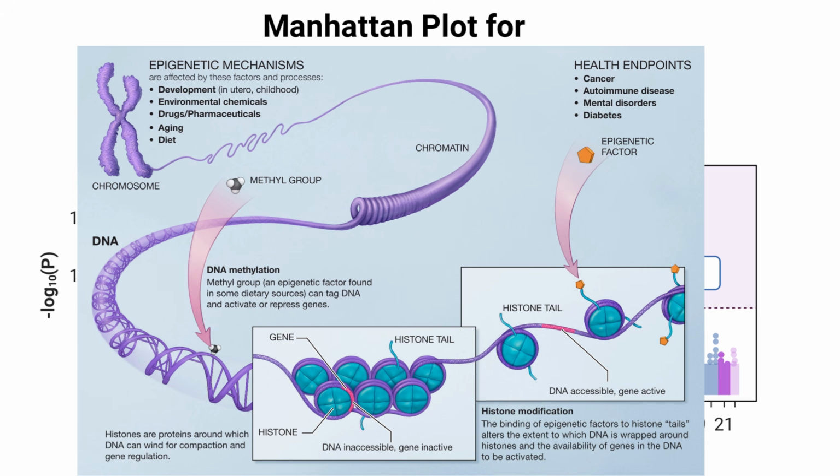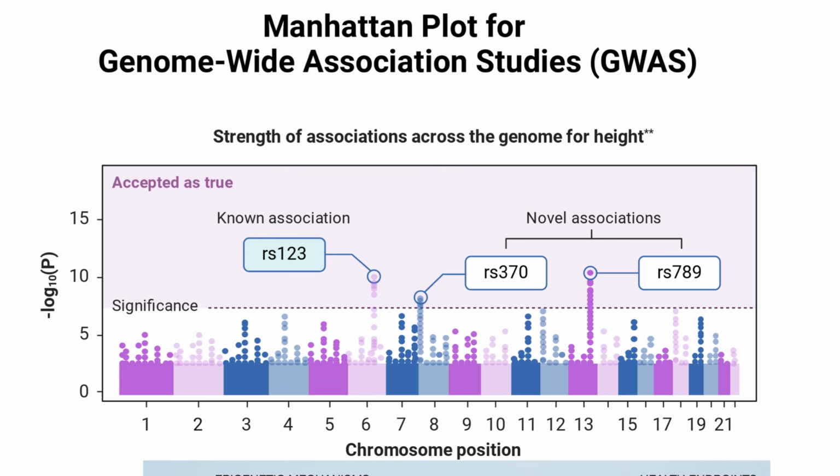So the whole purpose of this video was to show you that the hits that we get in GWAS do not necessarily have to be within coding sequence, within genes.